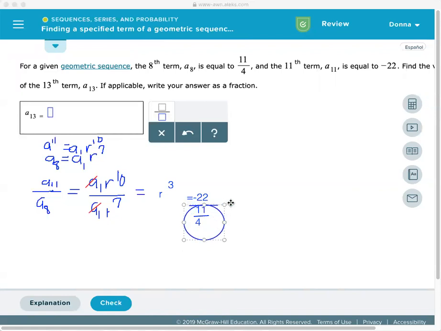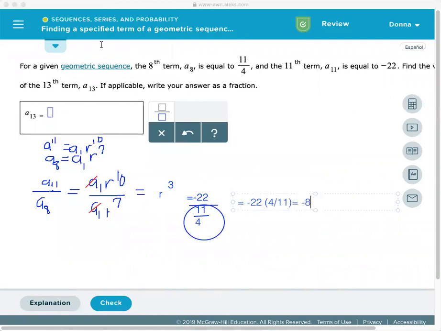So we have r cubed is equal to negative 22 times 4/11. And it turns out 11 goes into 22 negative 2 times. So you get negative 2 times 4, which gives you a negative 8.